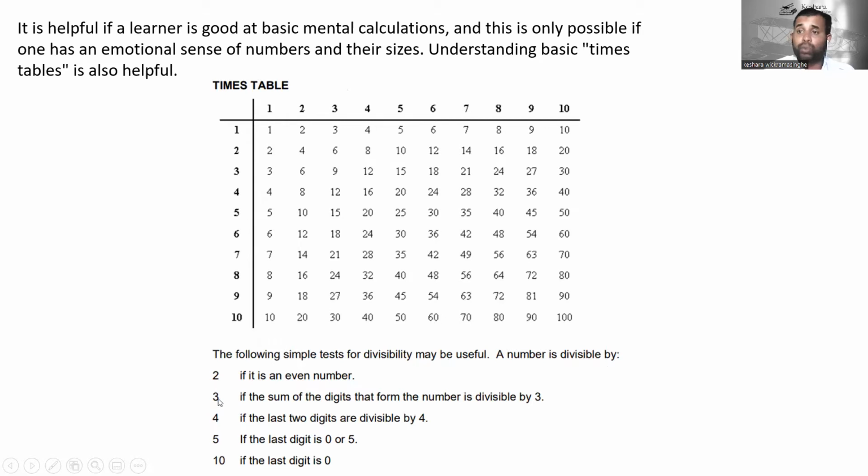A number is divisible by 3 if the sum of the digits that form the number is divisible by 3. A number is divisible by 4 if the last 2 digits are divisible by 4, and a number is divisible by 5 if the last digit is 0 or 5. And a number is divisible by 10 if the last digit is 0.